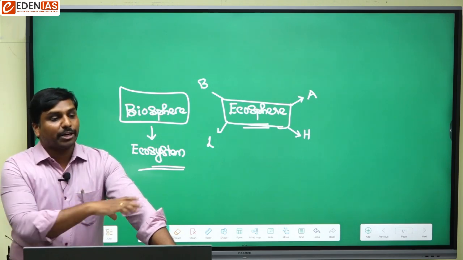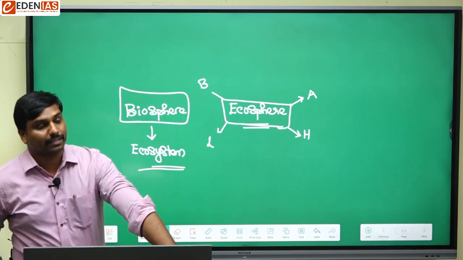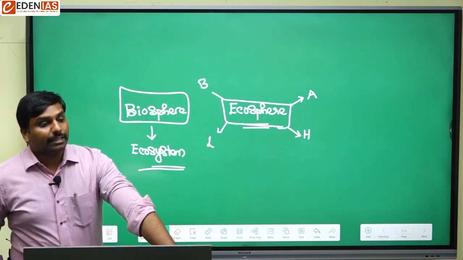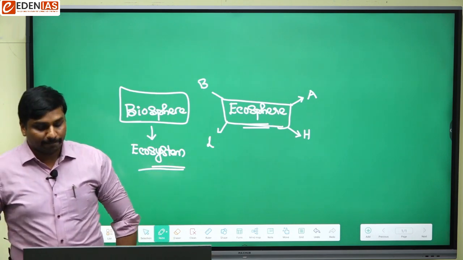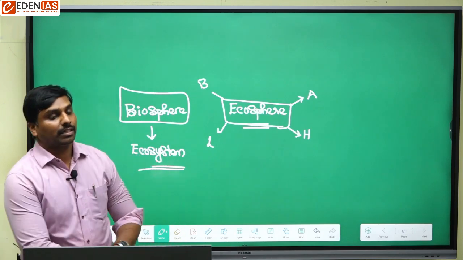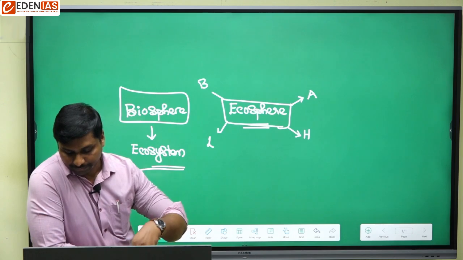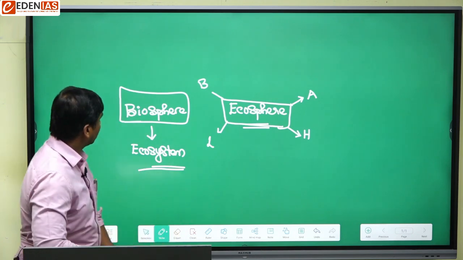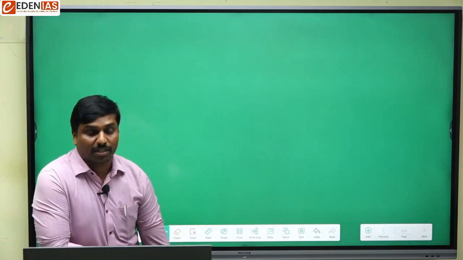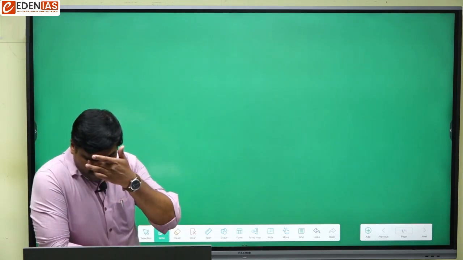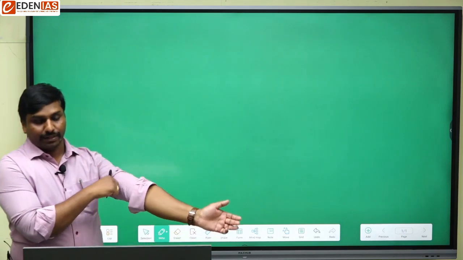Okay, then the next point you mention: the biosphere is that part of the lithosphere, hydrosphere and atmosphere where plants and animals live.